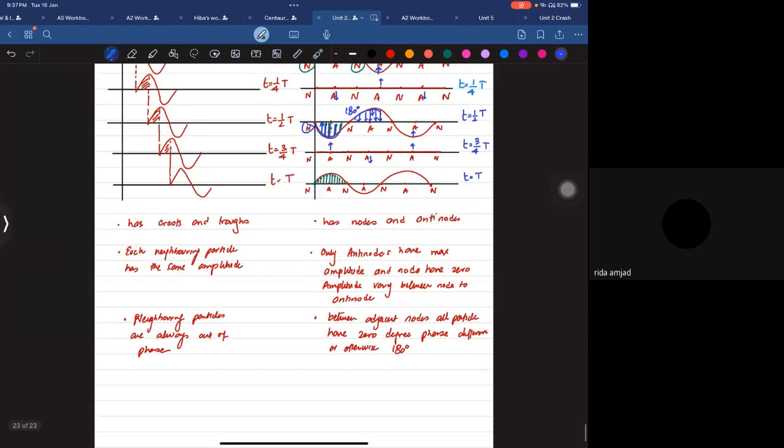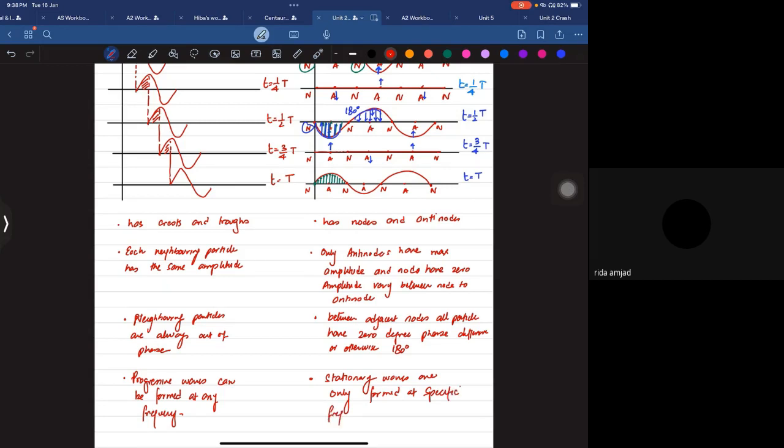Okay. Then the last point that we need to be aware of is that progressive waves can be formed at any frequency, and stationary waves are only formed at specific frequencies.